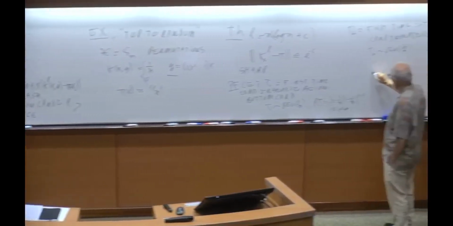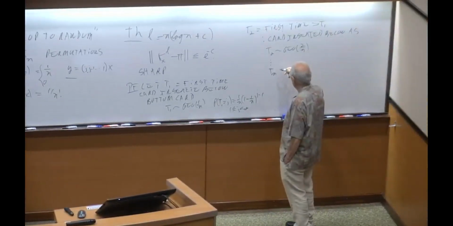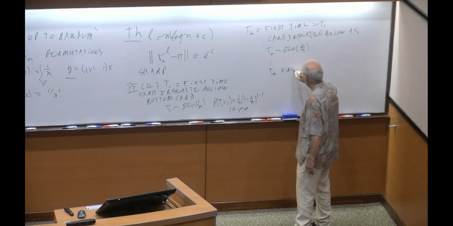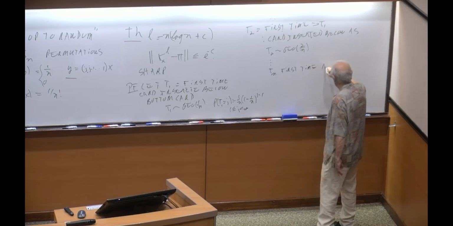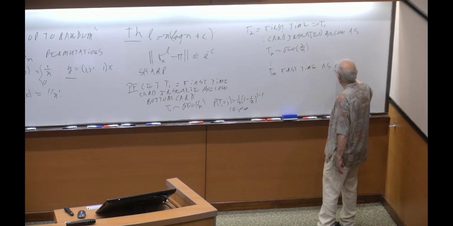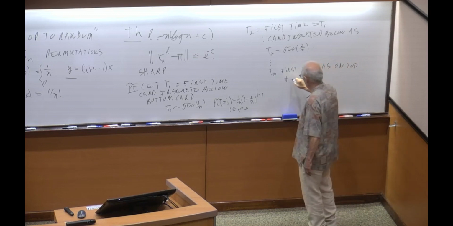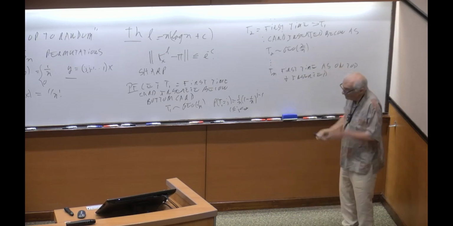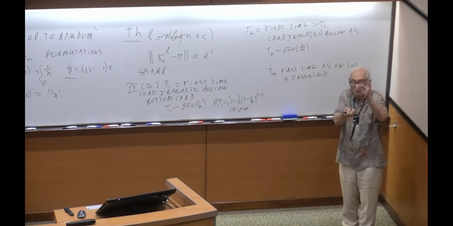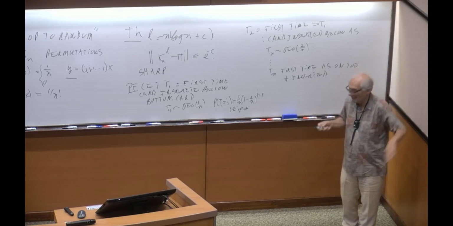And let Tn be the first time the ace of spades is on top and inserted. And so that takes time 1, right? The ace of spades is on top and then inserted. It takes time 1.